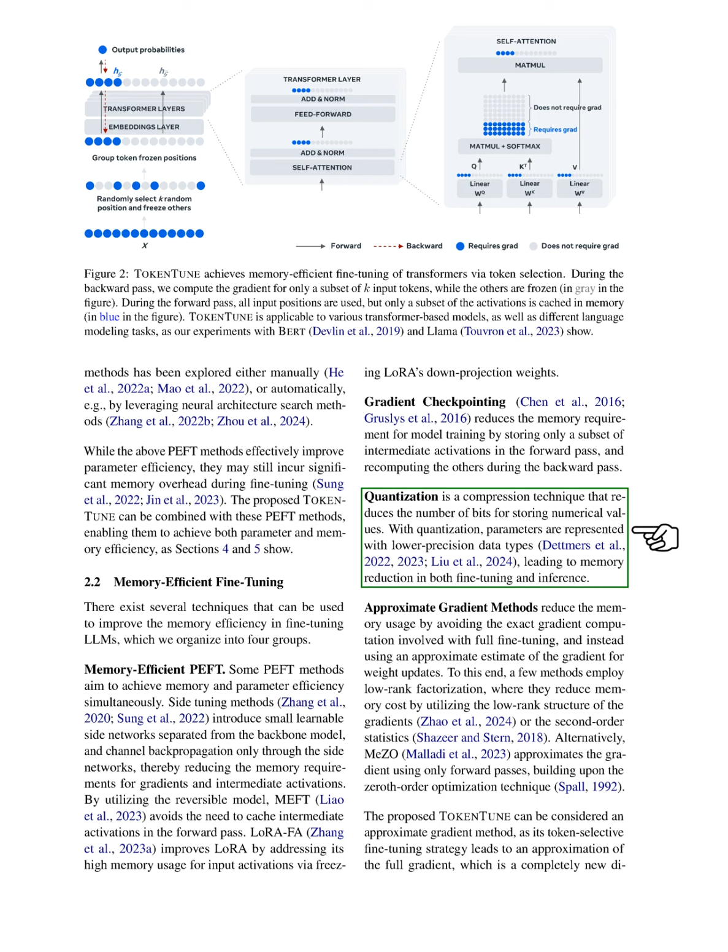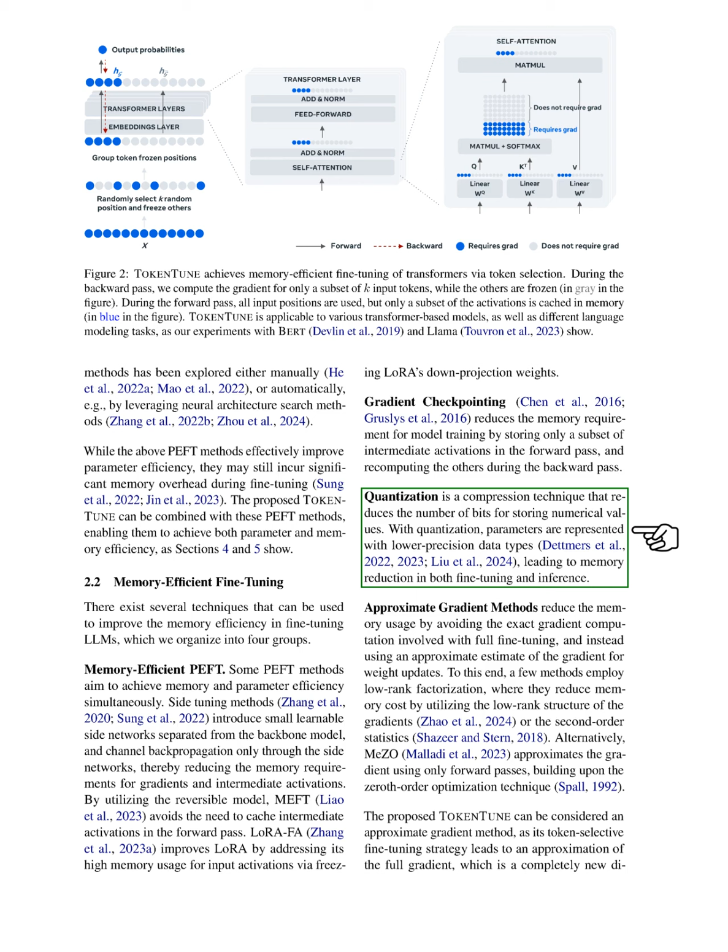Some of these methods utilize low-rank factorization to cut down on memory costs, while others, like MeZO, approximate gradients using only forward passes. We consider TokenTune as an approximate gradient method since its token-selective fine-tuning strategy approximates the full gradient, representing a novel approach to enhancing memory efficiency in fine-tuning.